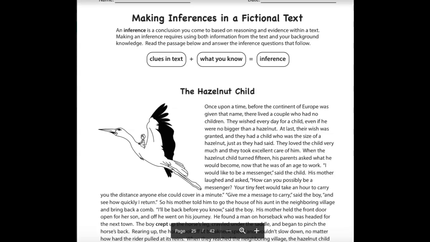So let's see, for this week, this will be Tuesday, April 28th. We're going to do day 4 of your packet. After this packet this week, we are going to be doing a different packet next week. And as you know, they're also going to have the video lessons this week.